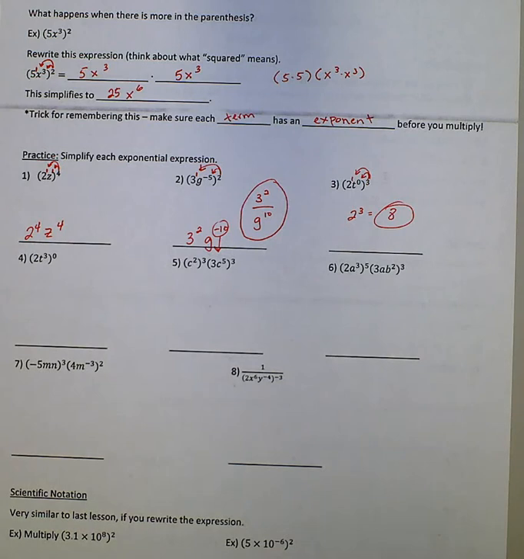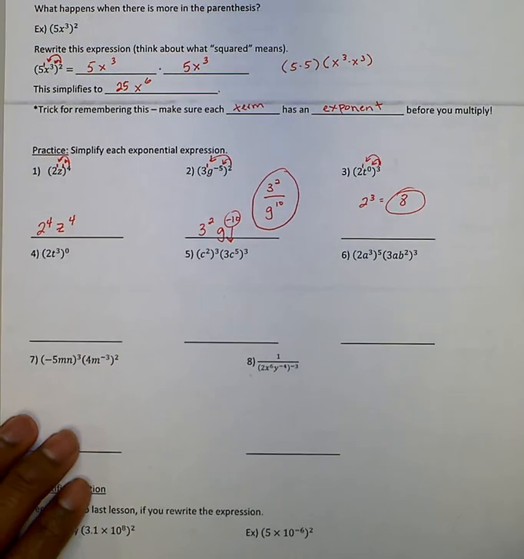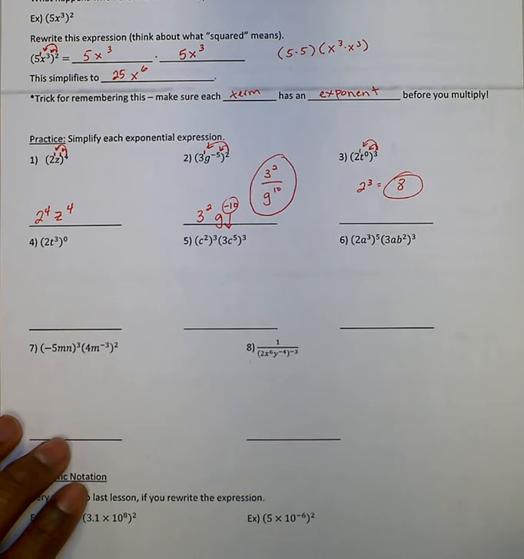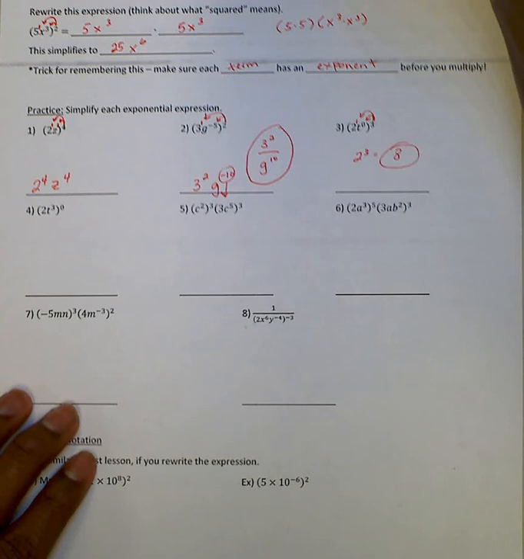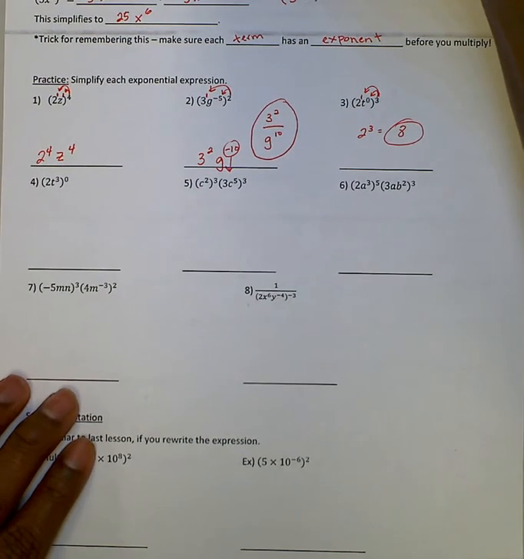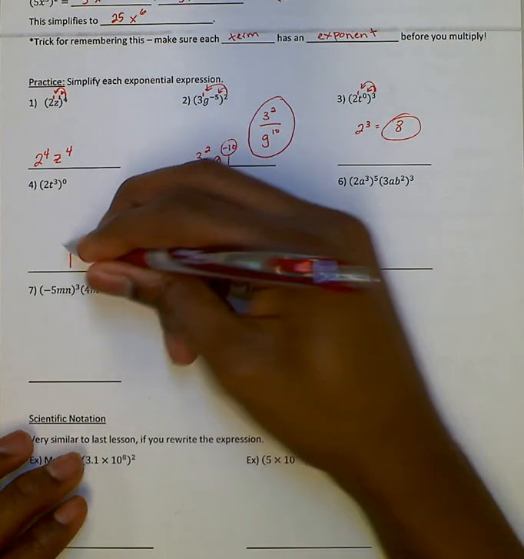Number 4, we have 2t cubed to the 0 power. Here we go. Remember that anything to the 0 power is just 1. So 2t cubed to the 0 power is just 1.